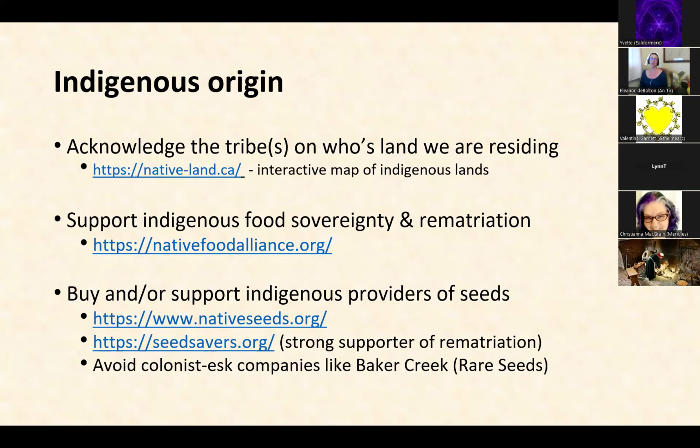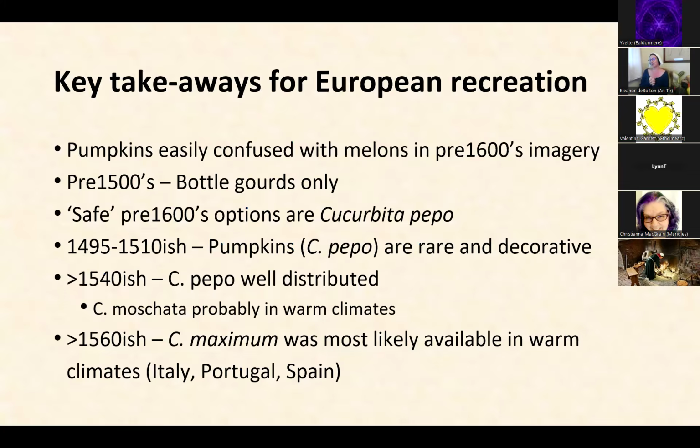I also strongly encourage everyone, when you're dealing with pumpkins, to think about and look at food sovereignty and rematriation, which is the reclaiming of seeds and of the history of the native peoples of the land, of the tribes here. And when you can buy seeds, if you're going to be growing them, buy from providers that are aware of this and avoid some of the ones that tend to be more problematic with that.